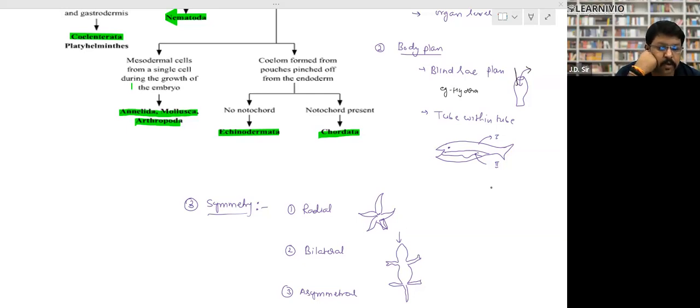Right. So third point, symmetry. Please note it down.